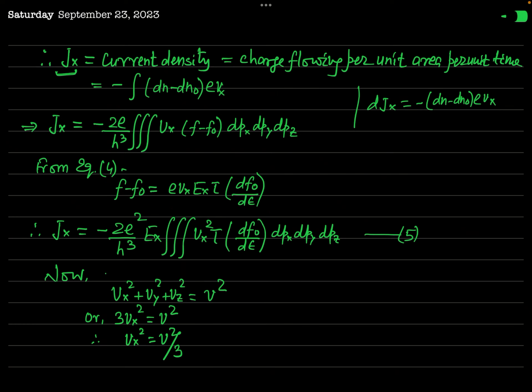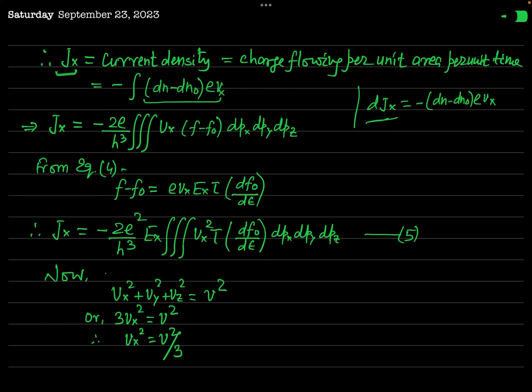But this is the differential value of Jx. So if your aim is to find the total current density, then you have to integrate this for the entire specimen. So Jx is given by minus the integral of dn minus dn0 times e Vx.